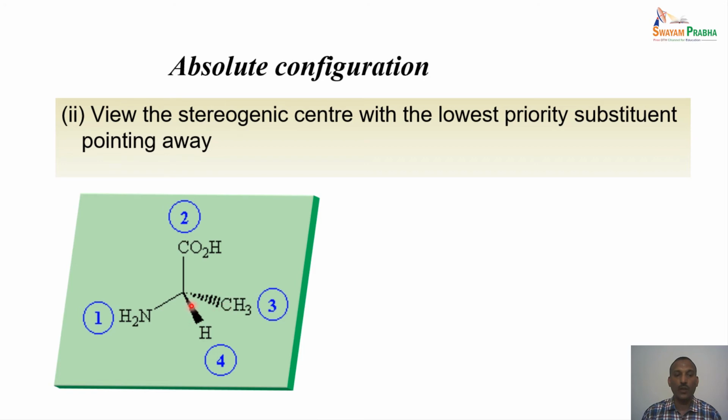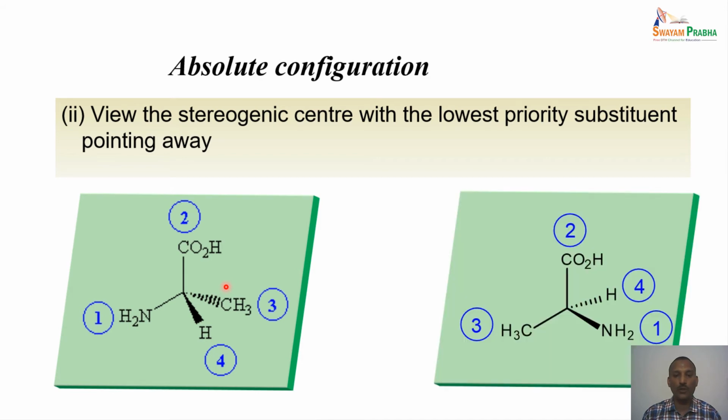So now we have to move this hydrogen to the back. How do we move that hydrogen to the back? Can we simply replace this hydrogen and the methyl group, or do we have to actually rotate this molecule? We will now see how it has to be done.